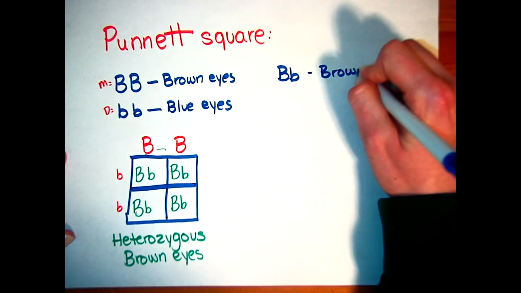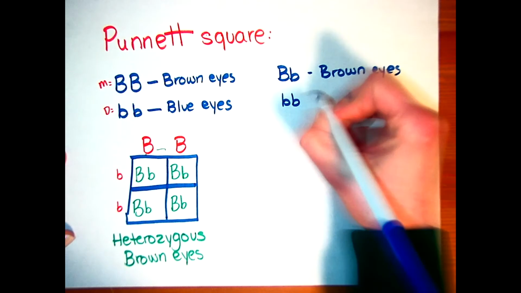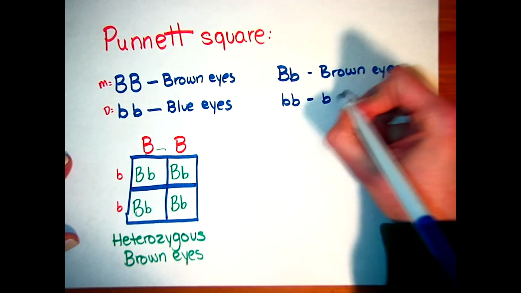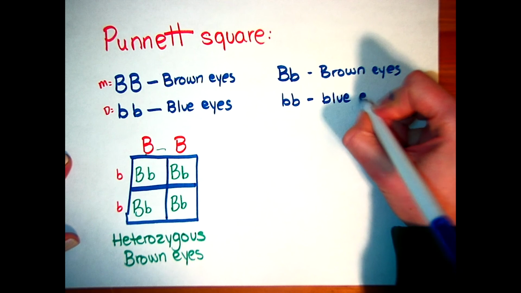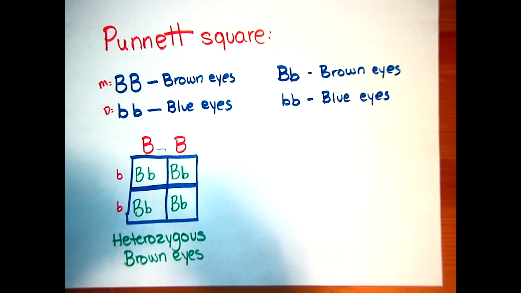Dad is still homozygous recessive. He's got blue eyes. So, could they have a blue-eyed baby? Let's find out.